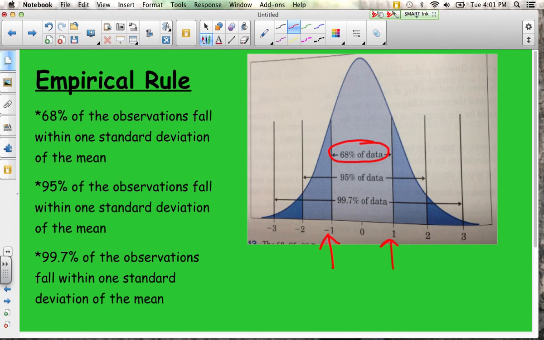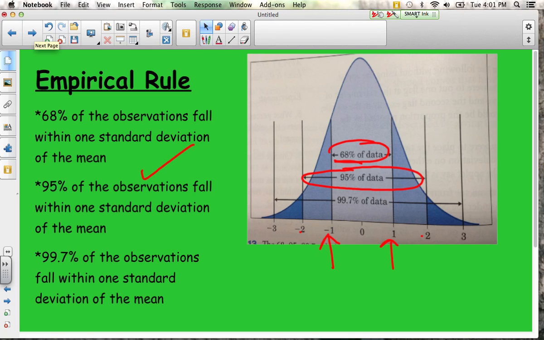And if you look at 95, those are the second standard deviations from -2 to +2. 95% of my observations fall within those two standard deviations.